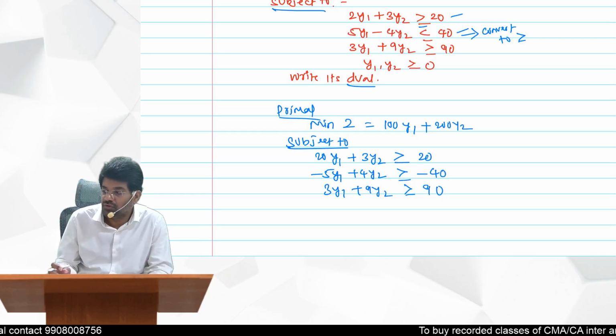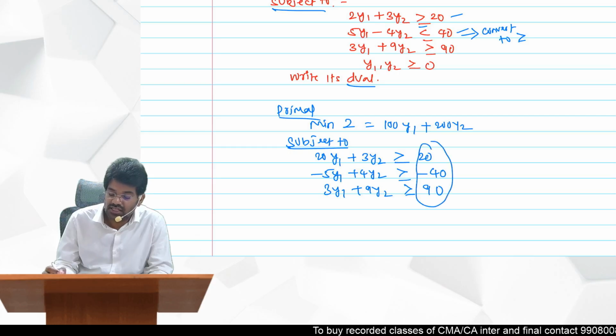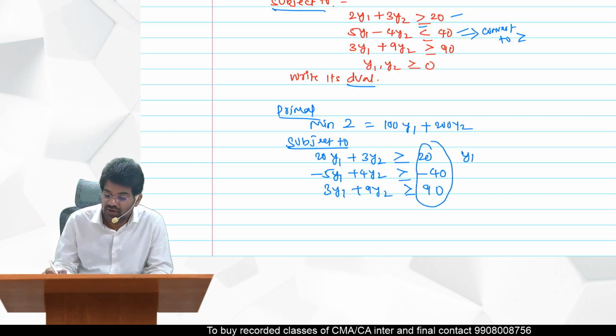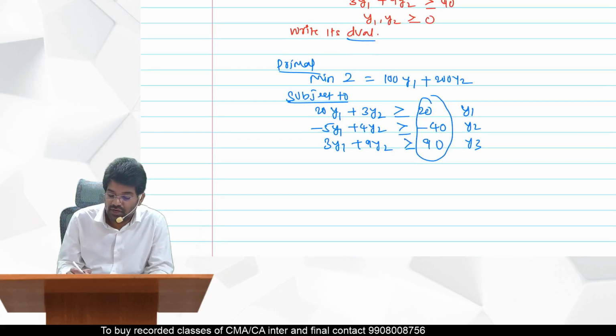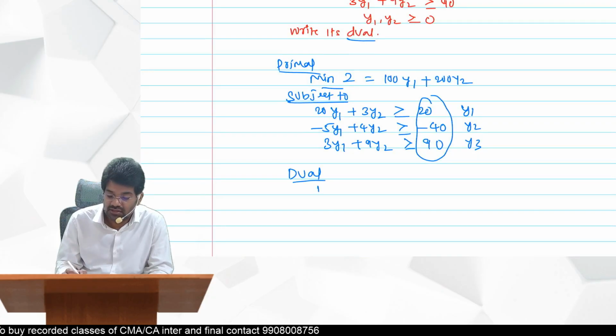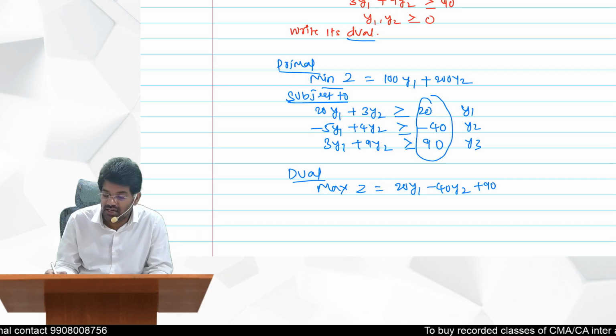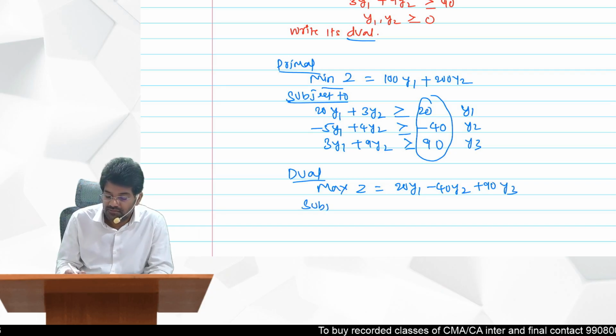Okay, so now what we should assume is these three constraints will become decision variables. So this will become y1, y2, y3. So now if you write the dual for this, minimization will become maximization. Maximize z is equal to 20y1 minus 40y2 plus 90y3, subject to.